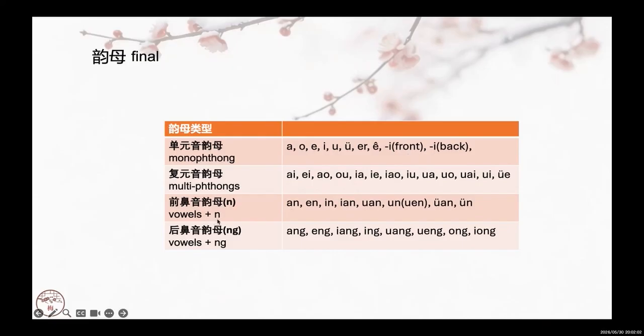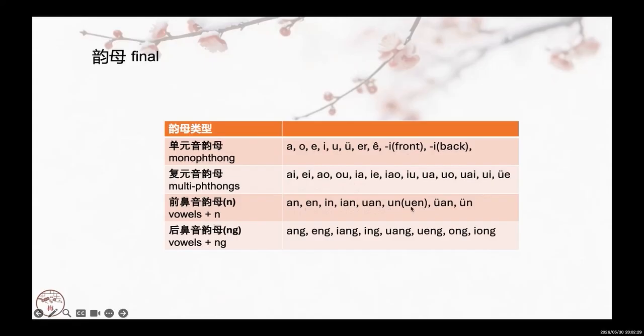The third tab is vowels plus the consonant n. Yeah, we can practice the pronunciation here. A plus n, an. E plus n, en. I plus n, yin. I, a, n, yan. U, a, n, wan.